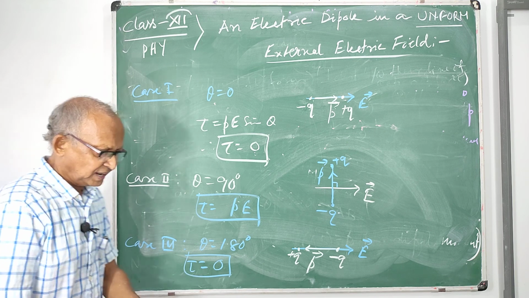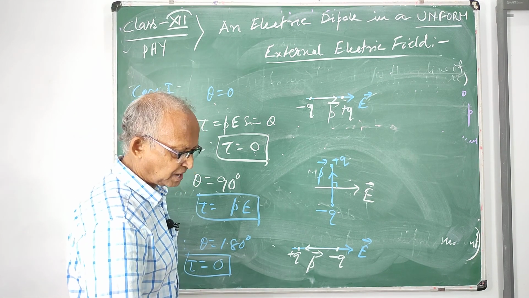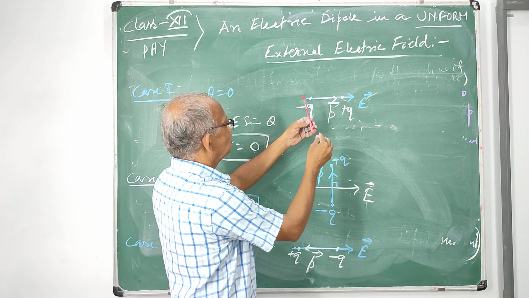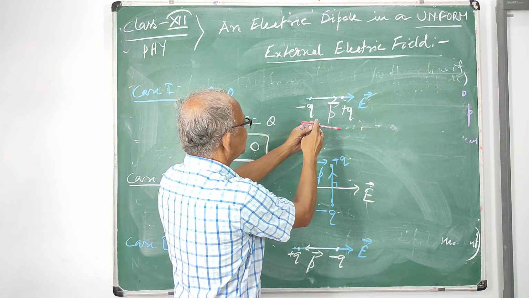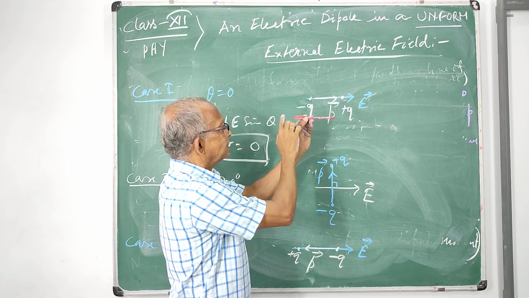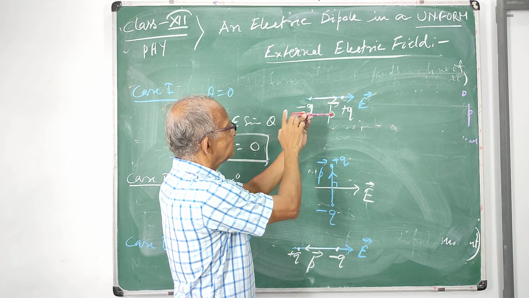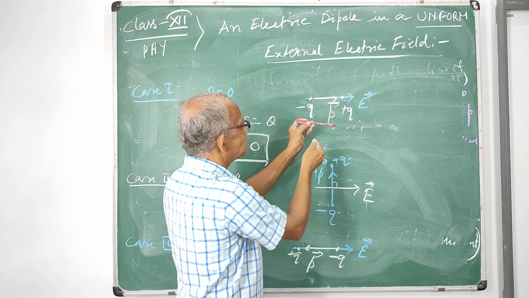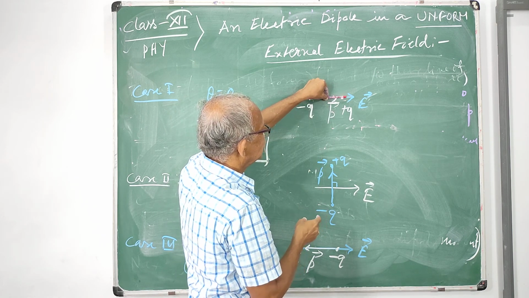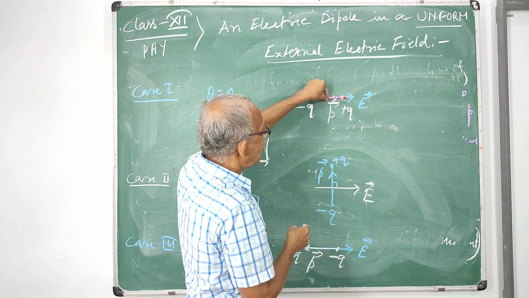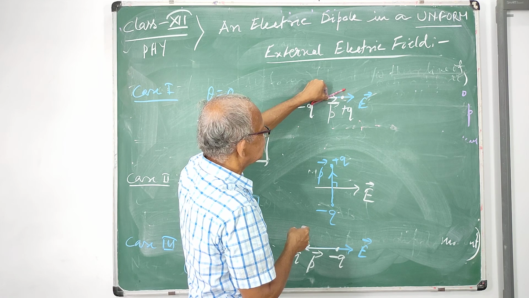But in the first case, for example, let us consider the left end negative and the right end positive. This is aligned, torque 0. Now I am displacing it to some extent.